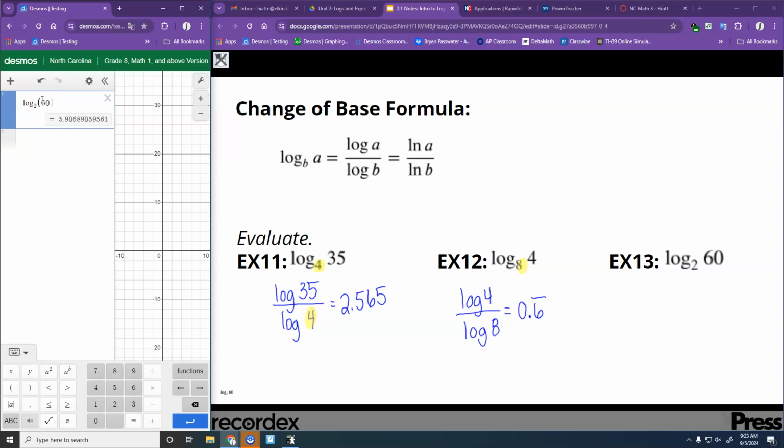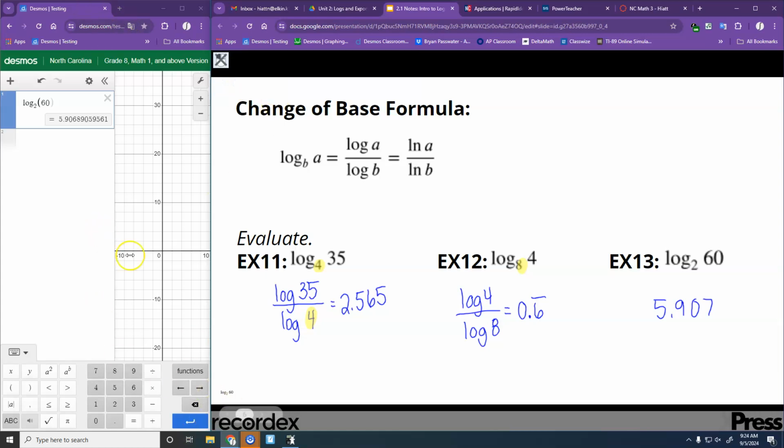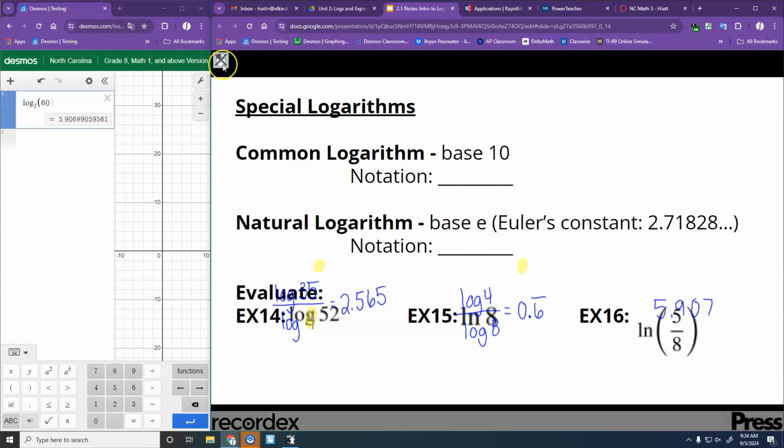You could do it without the change of base formula. You would get 5.907. So you don't have to use a change of base formula, but you could. Okay? Questions on that? That's just typing it in.